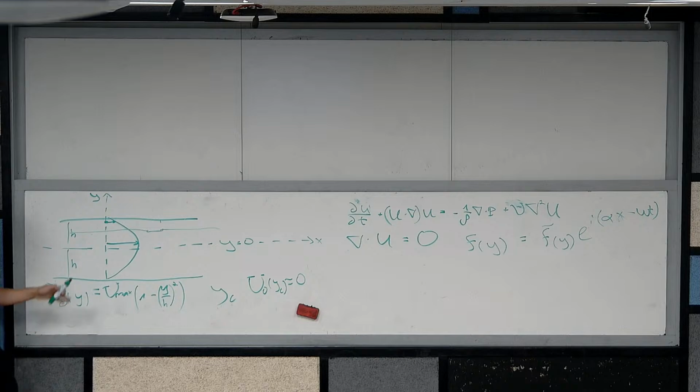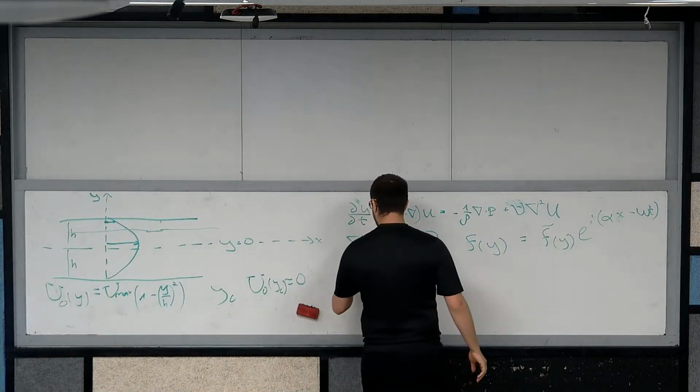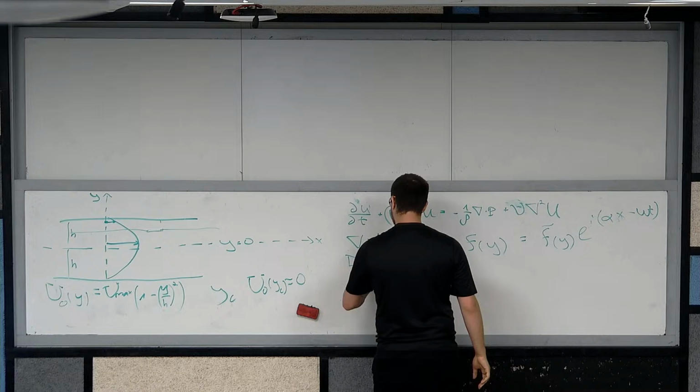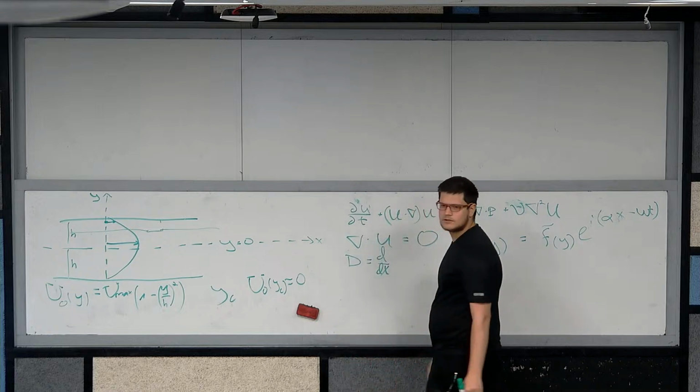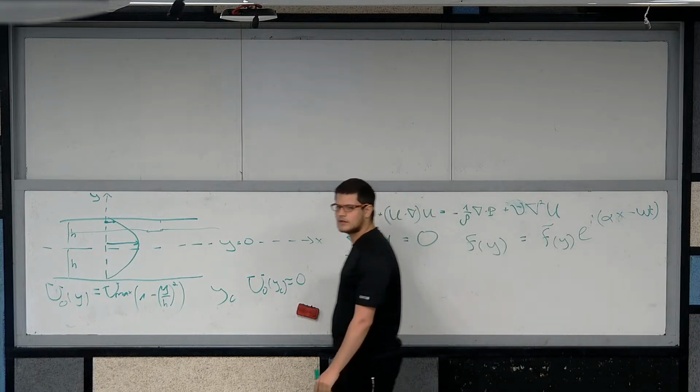For now, we didn't assume anything about where we are inside the pipe, right? I will just write the Orr-Sommerfeld equation. We will use D for d/dx, just because it's easier for me and I'm lazy.